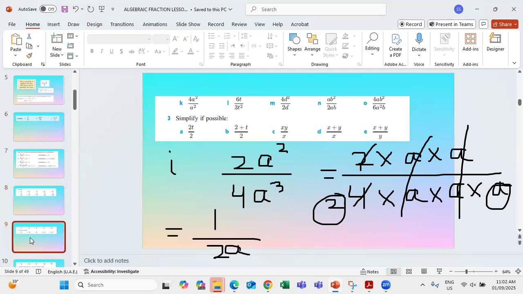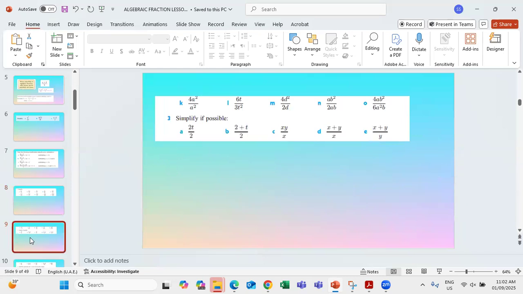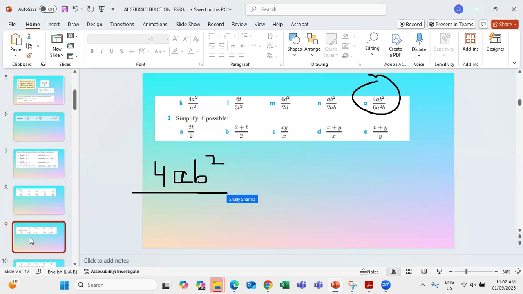Now if we go to the next, same way we can continue the process of simplification. Let's pick up this question O, which is 4ab squared divided by 6a squared b.